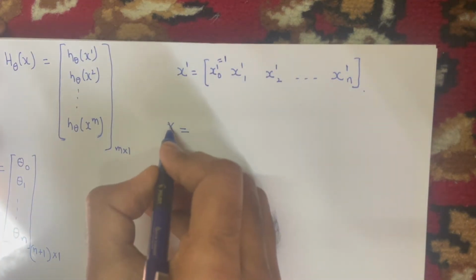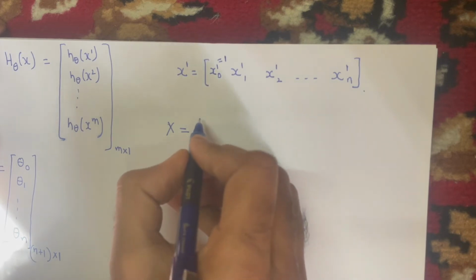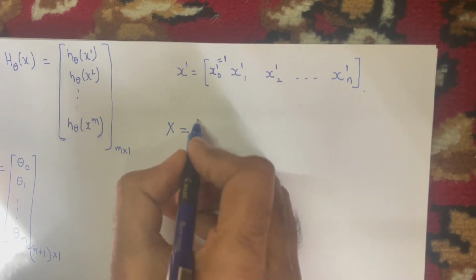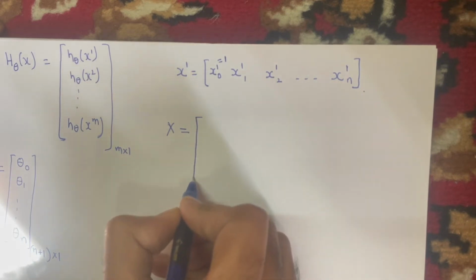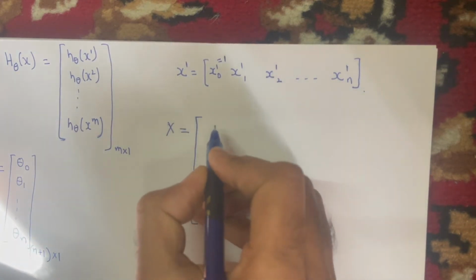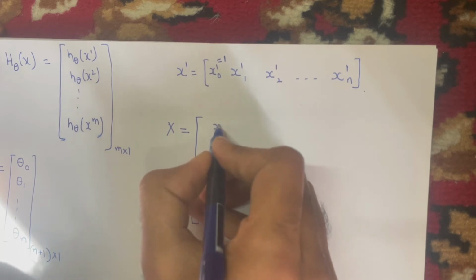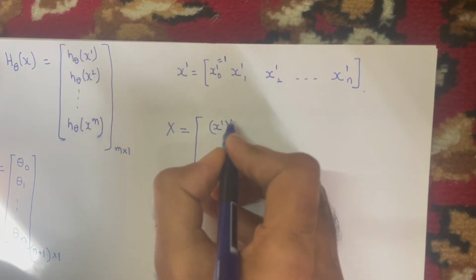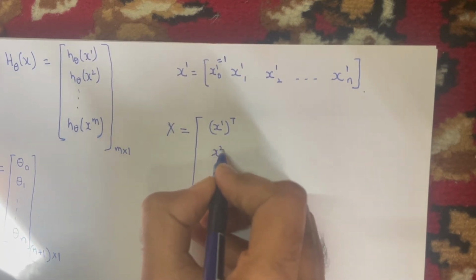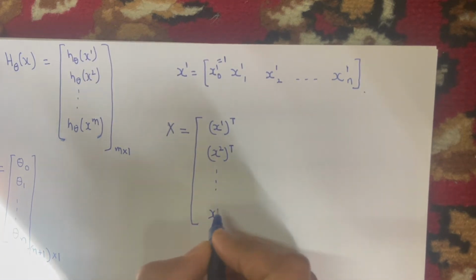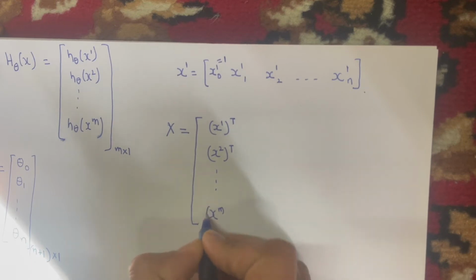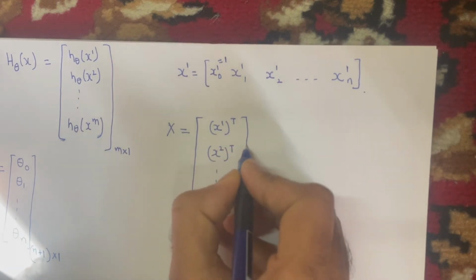Now this capital X, this input matrix, can be written like this. It will be x1 transpose, x2 transpose, dash dash dash xm transpose.